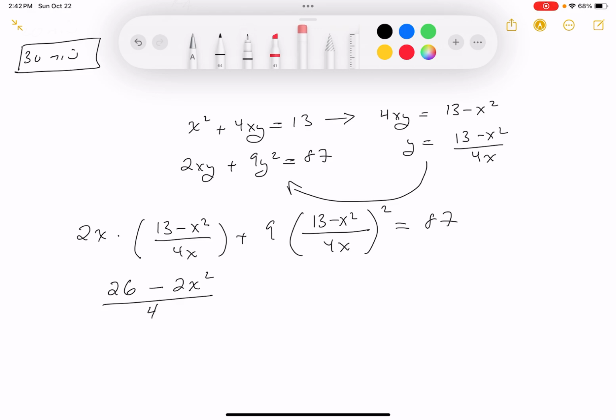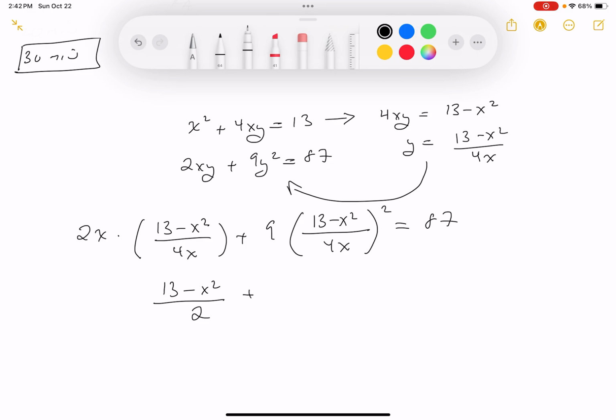I could even do a further reduction here. Let me do that. I didn't see that initially. And let me point out what I mean by that. That 2x, 4x, provided x isn't 0. I don't think x could be 0 in this problem. But let's take a look at it. You get something pretty simple. You get 13 minus x squared over 2.